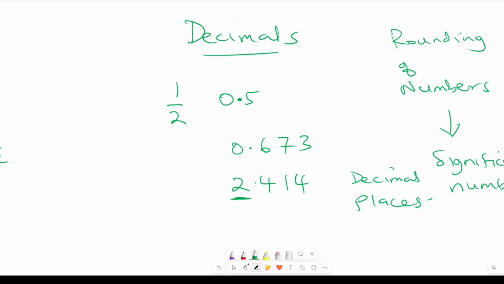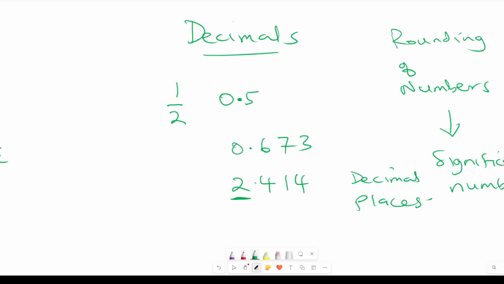So we'll be looking at decimal places, approximation of calculations, significant figures, and then we will also be looking at intervals. All these are very, very significant to understanding decimals, and we will be looking at them in a standalone topic.